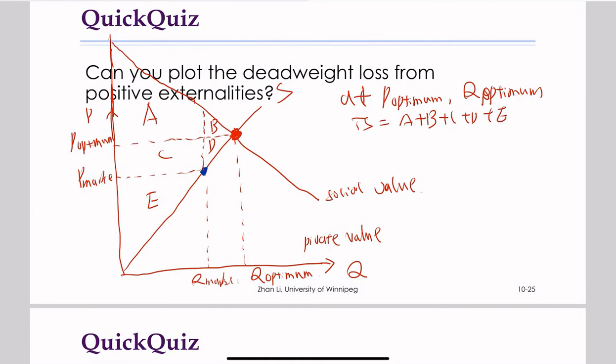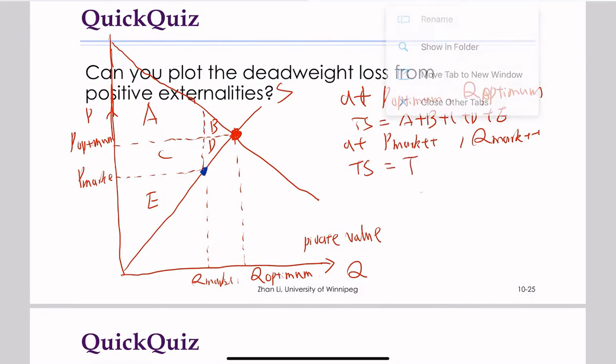Now, at the market price and market quantity, how do you find out the total surplus? Well, total surplus obviously is given by the consumer surplus and producer's surplus, right?